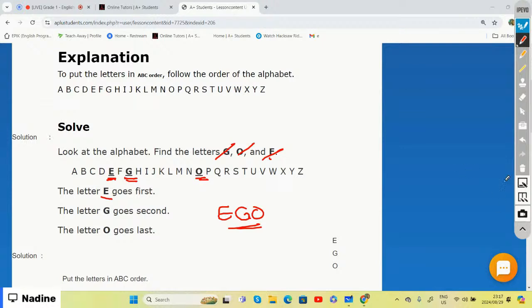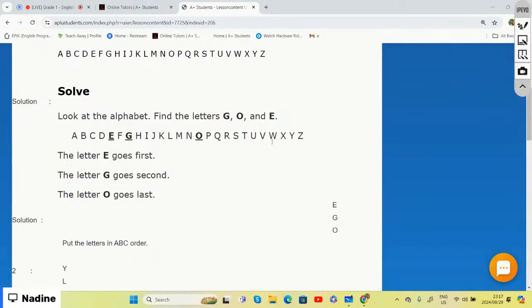All right. So we can spell ego, and we had to put those letters in alphabetical order.